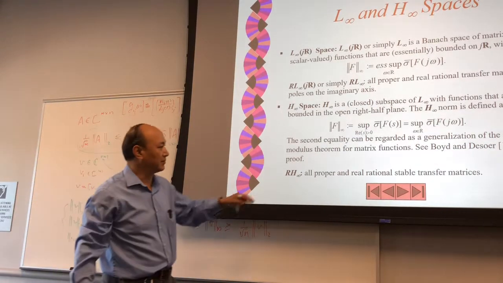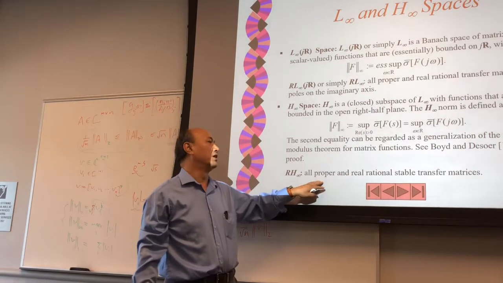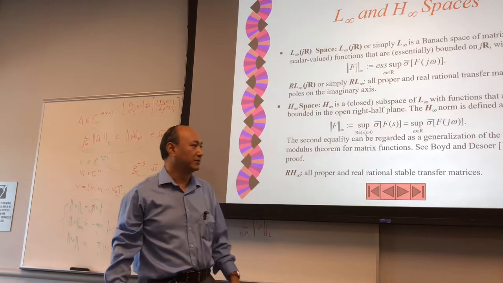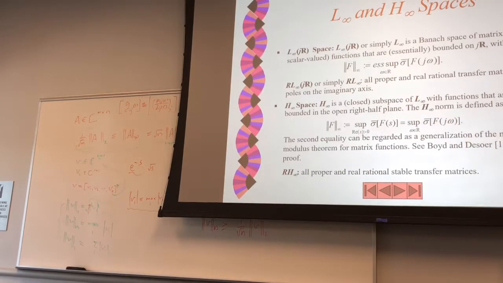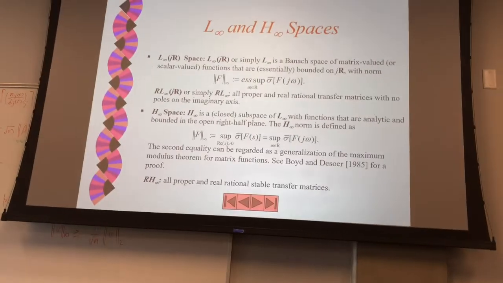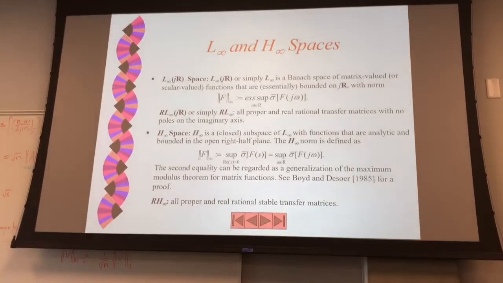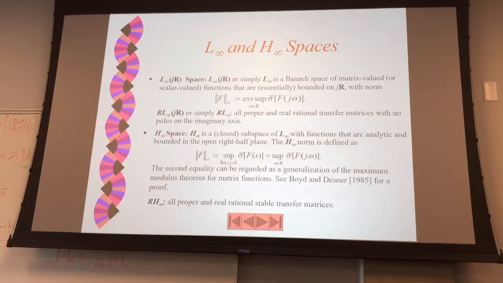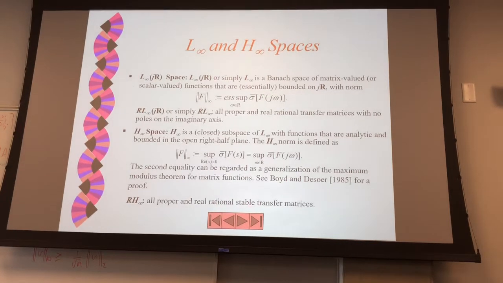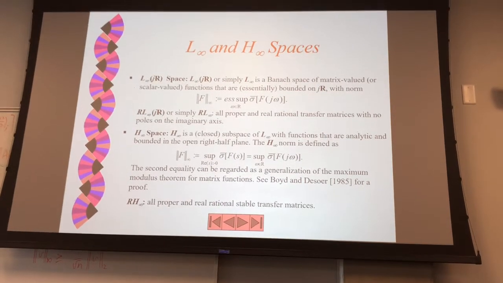So in fact, sometimes you will say strictly proper and real rational stable matrices. So that's each component. But how can we say stable? We need to do Macmillan form to decide what's this.